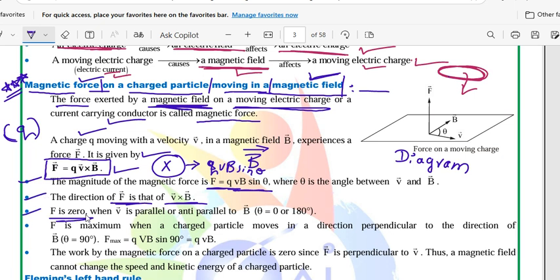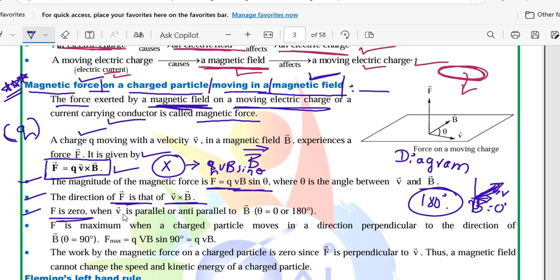Now F is zero when v bar is parallel or anti-parallel to B bar. Suppose you consider this velocity and this B bar, and the velocity is along the same direction or opposite. At that time theta becomes 0 degree, or it will become 180 degree, that is a straight angle.